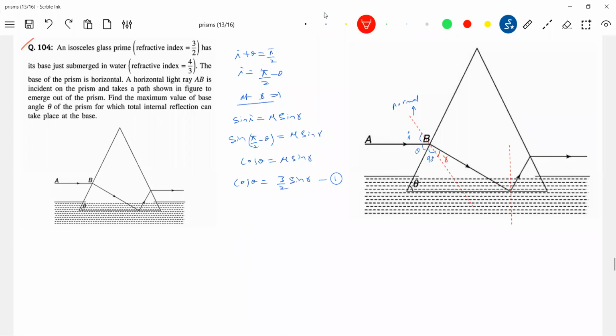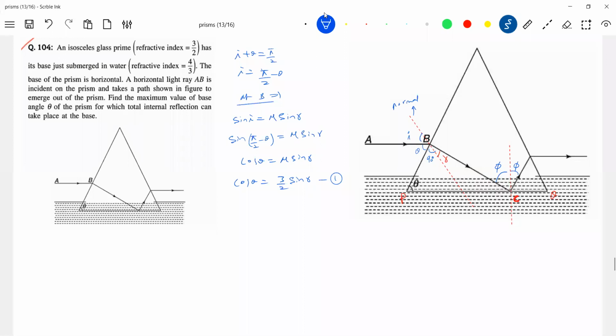Let me take some geometry help. Okay, this is Q. This is C and this is Q. This is the critical angle. Theta, phi, just be careful. Okay, let's get into some mathematics here.